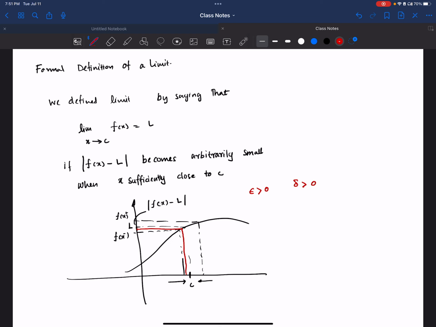I will explain what that epsilon is. If x minus c, that's the distance between an arbitrary x value and c right here, becomes less than delta. This delta is a positive value, so this magnitude of x minus c is always greater than 0.